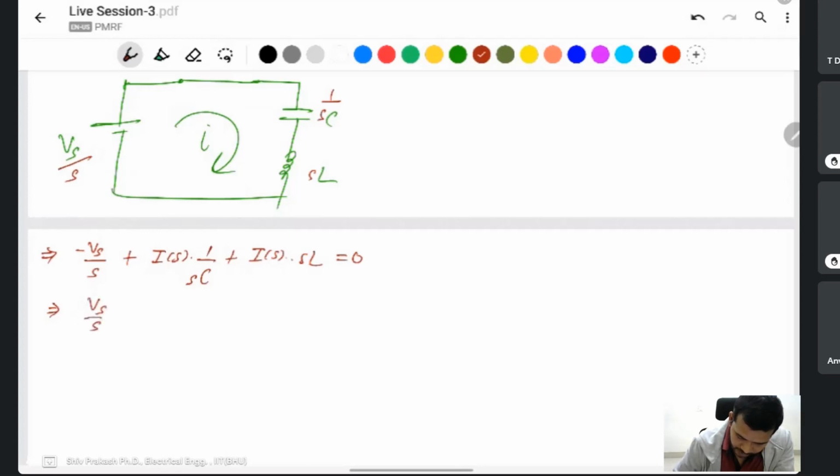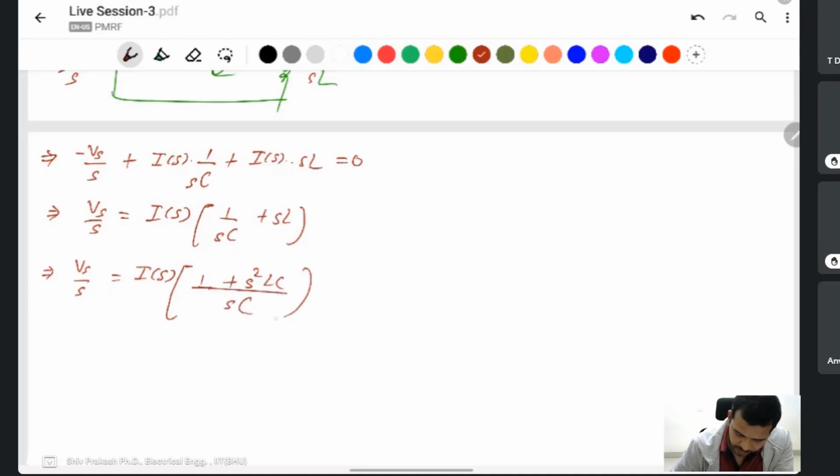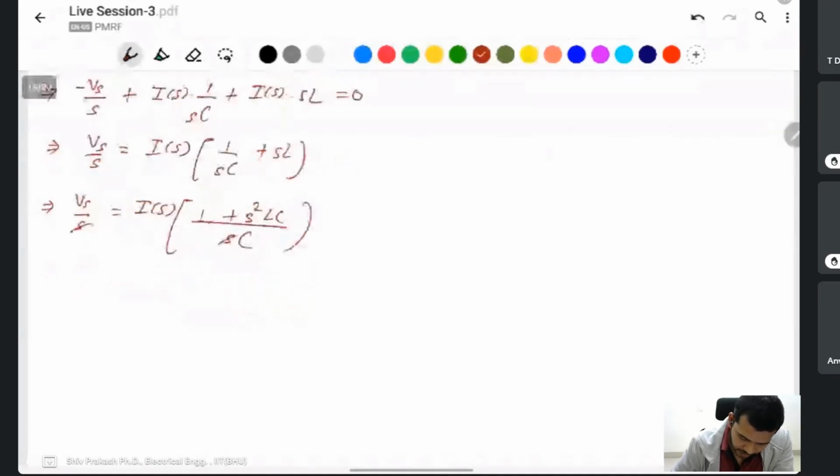So Vs by s is equal to Is times 1 by sC plus sL. Take sL common here. Take sC as the LCM and then find 1 plus s squared LC divided by sC. The s's cancel out.